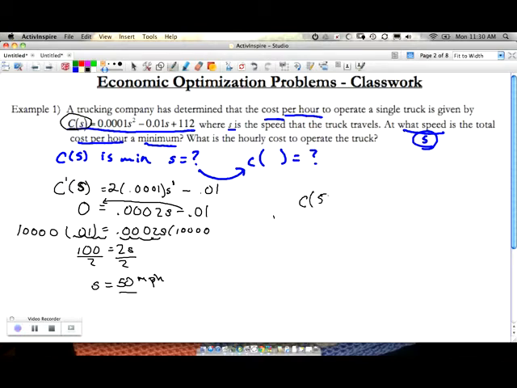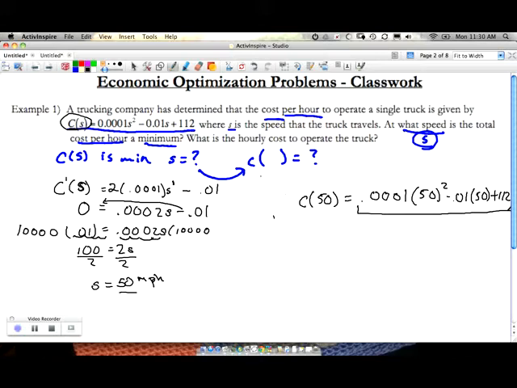So it'll be C of 50, which would equal 0.0001 times 50 squared minus 0.01 times 50 plus 112. Because I've already gotten it to a point where I just plug it in, I'm actually going to leave it there. You can calculate and simplify that if you need. But that's how we work with this problem.